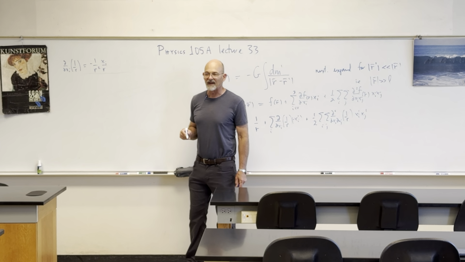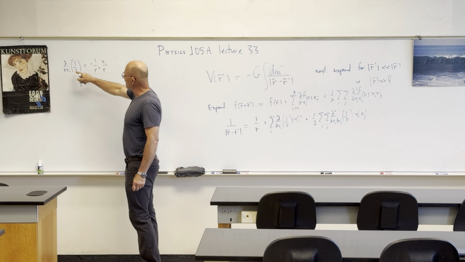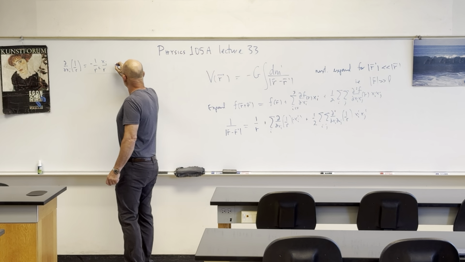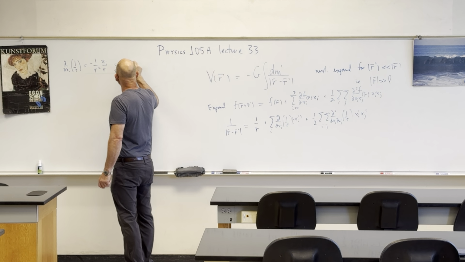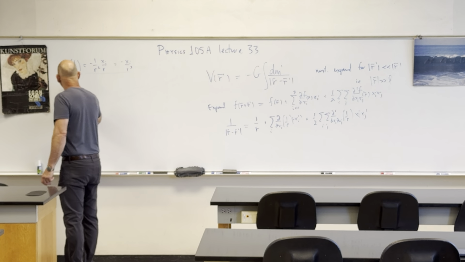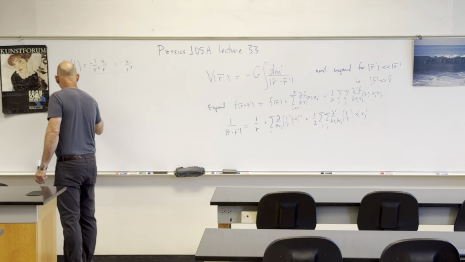Definitely want to practice that derivative. It comes from the gradient of R being x over R. So you've got minus xi over R cubed. And then you do d squared dxj dxi.